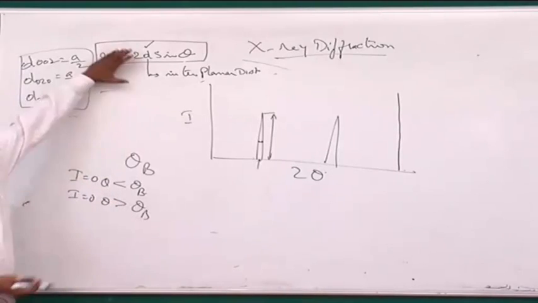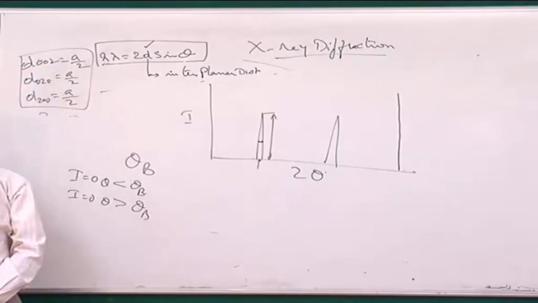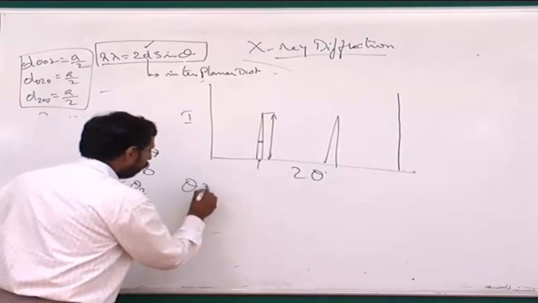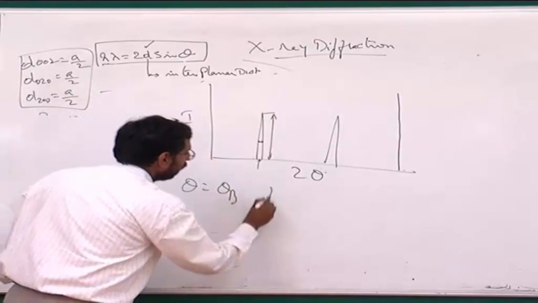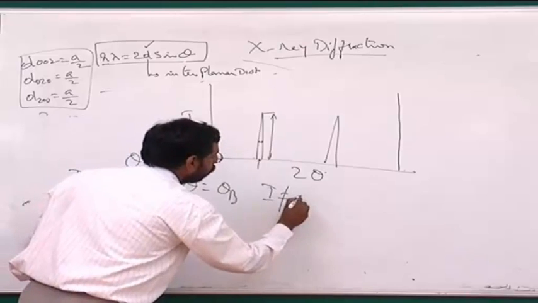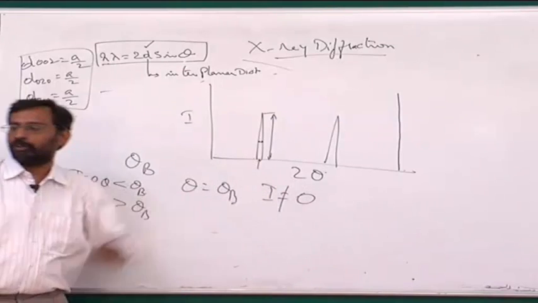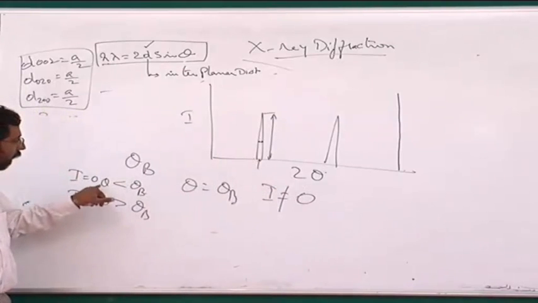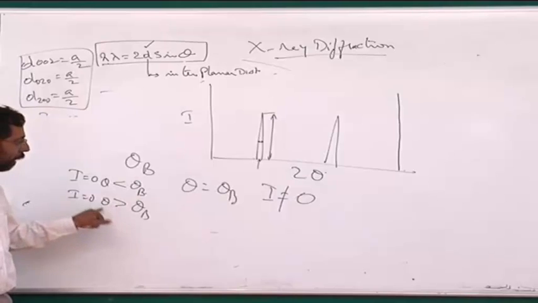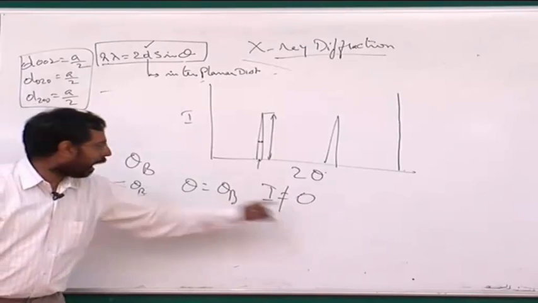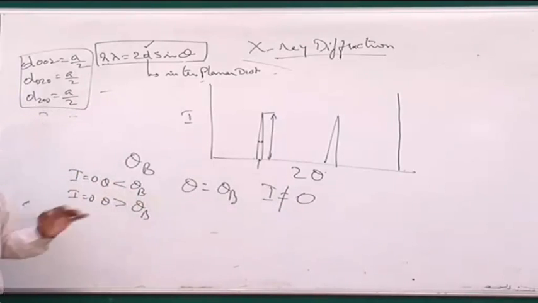That is the condition of Bragg's condition. At theta equal to theta B, there is certain intensity, I is non-zero. What is the actual value? We will see it a little later, but it is non-zero. But the moment theta is either smaller than theta B or larger than, it should actually go to 0. But you see it does not.